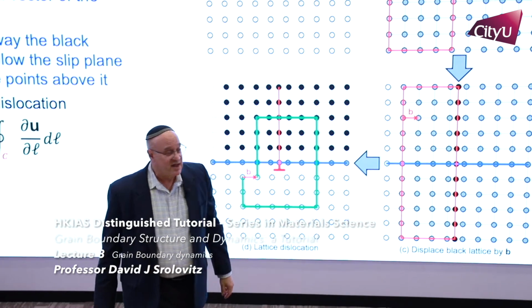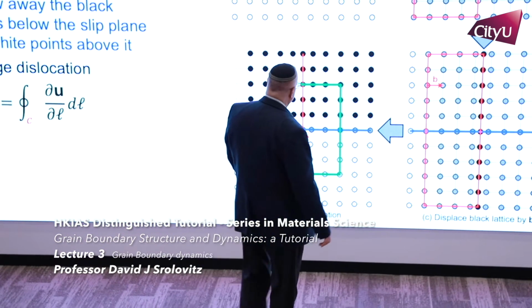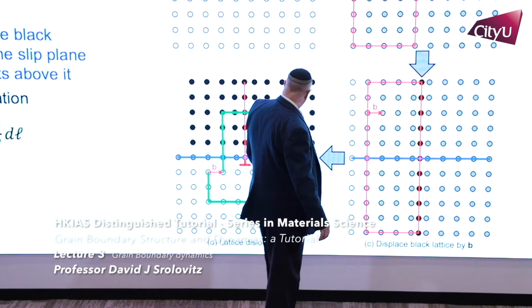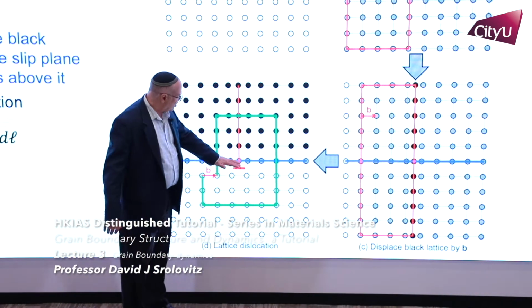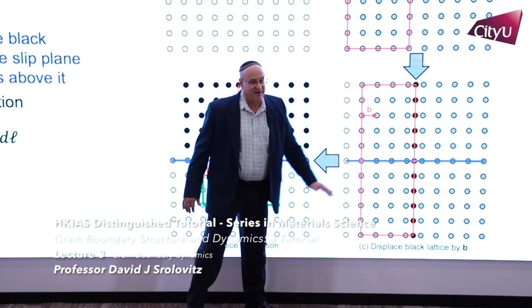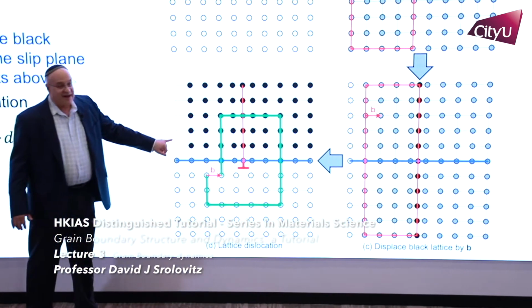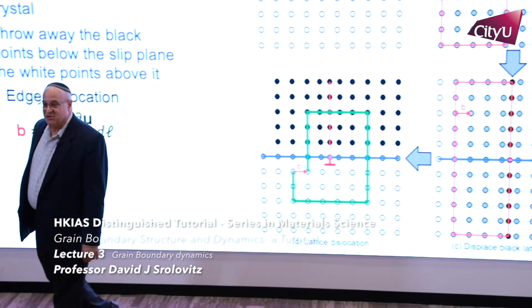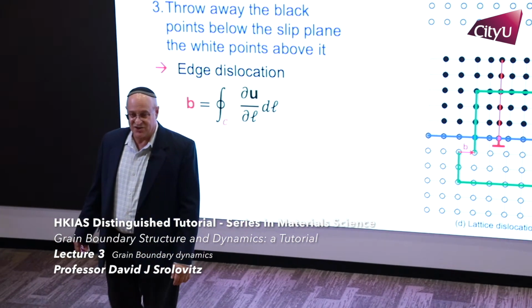Okay? And if I do that, I can go to here, and if I throw out all the black atoms below this line and all the white atoms above that line, I end up with this. And so all I've done is I've produced a perfect edge dislocation.